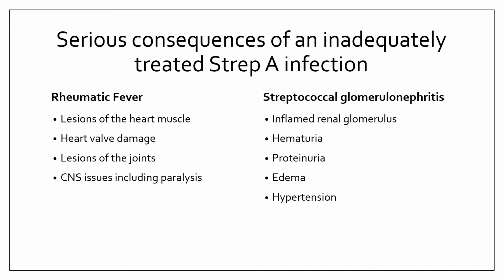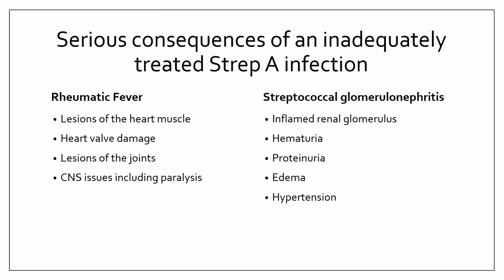In rheumatic fever, the clinical presentation would be lesions of the heart muscle, heart valve damage, lesions of the joints, and central nervous system depression, including paralysis. In streptococcal glomerulonephritis, what you're going to see is an inflamed renal glomerulus. The glomerulus is the top portion of the nephron of the kidney that does all the filtering of the blood.